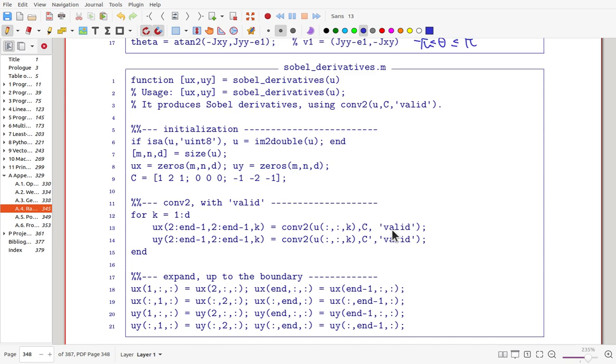However, the built-in function conv2 has some boundary effects. So you have to be very careful. If you try to use it without care around the boundary, then you may get a really wrong answer. Be careful when you are using the filters and it's touching the boundary.